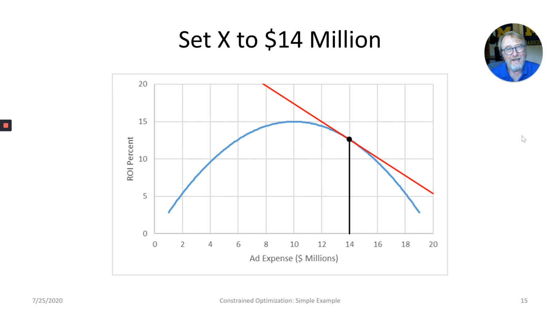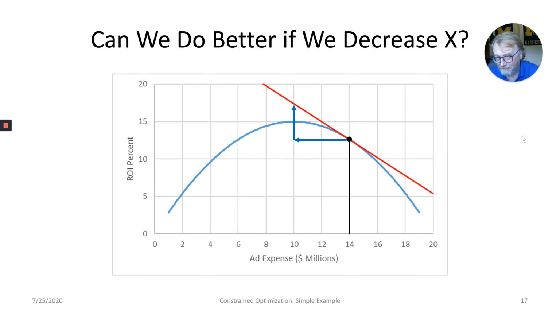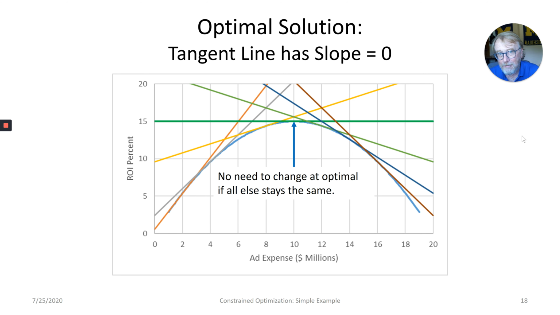And now the CFO is saying, oh, I like the 12%, but I really like that 15% figure from the previous year better. I say, well, can you even do better than that, right? So if we increase it even more, no, now you're even doing worse. So that's not a good idea. So we're going to go back to the 10 million and I'm going to set your budget back to $10 million. Okay. And then you go back to the 10 million, right? And that's where the optimum is.